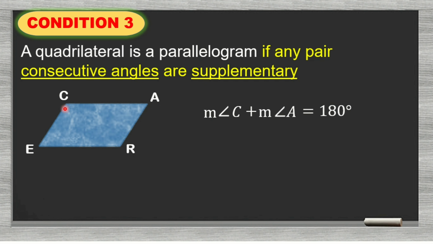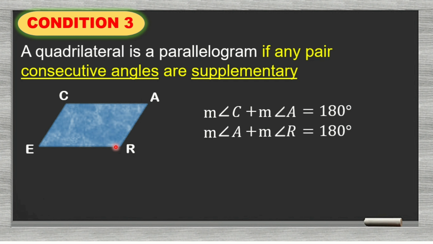Okay, so ibig sabihin, pag inadd natin yung measure ng angle C at saka yung measure ng angle A, ang total nila is 180 degrees. So they are supplementary. Okay, so another we have yung angle A. Ang kasunod ng angle A ay angle R. So they are also equal to 180 degrees.